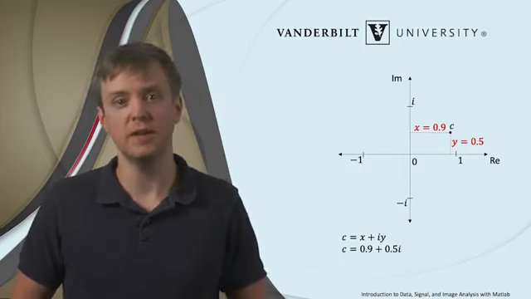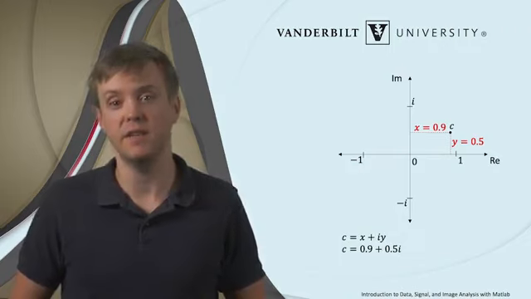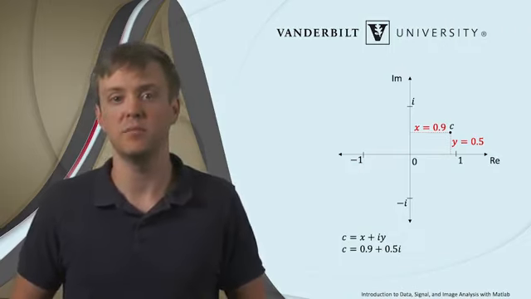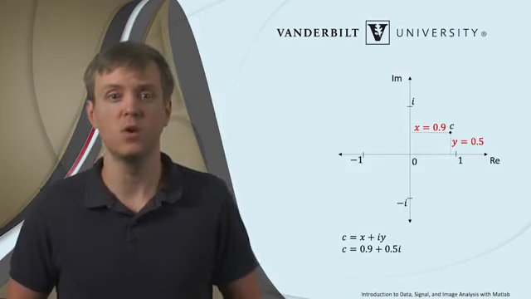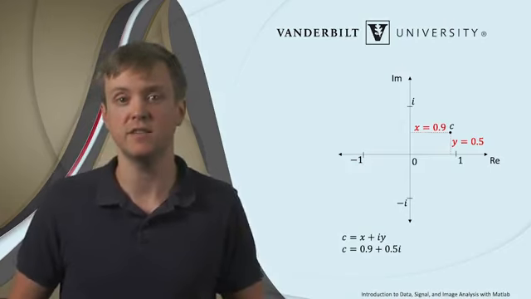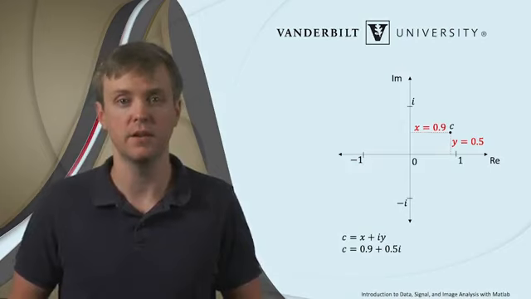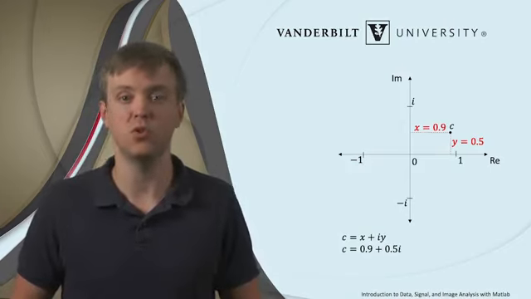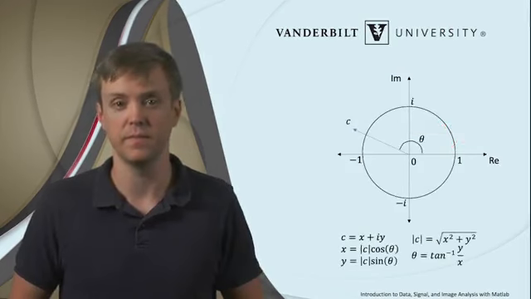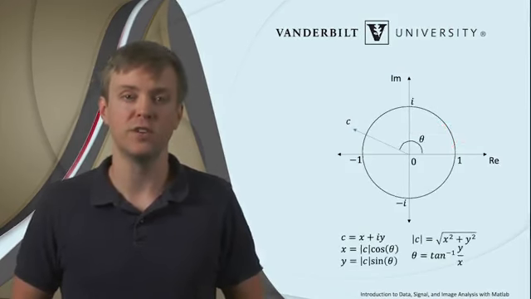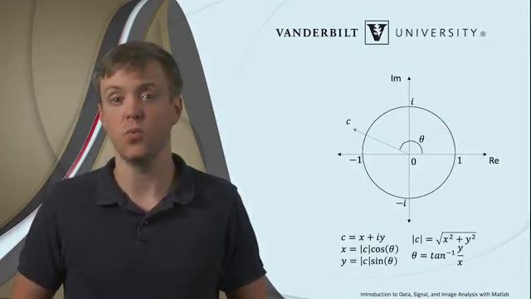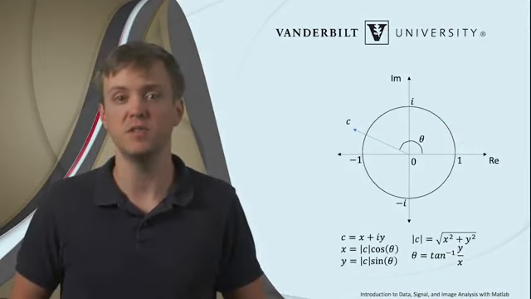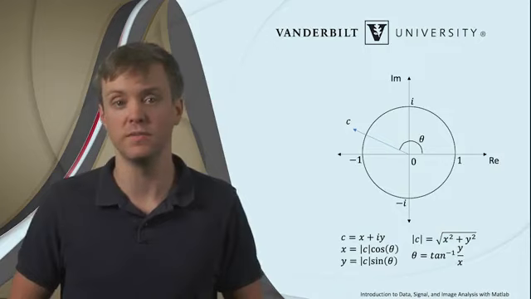Okay, one more trick, and then we're ready to come back to the FFT in MATLAB. We've discussed representing complex numbers in this rectangular form, where we define c to be x plus i times y, but we can equivalently represent any complex number in a polar coordinate system. With polar coordinates, instead of using x and y, we define a 2D position by its displacement vector from the origin.